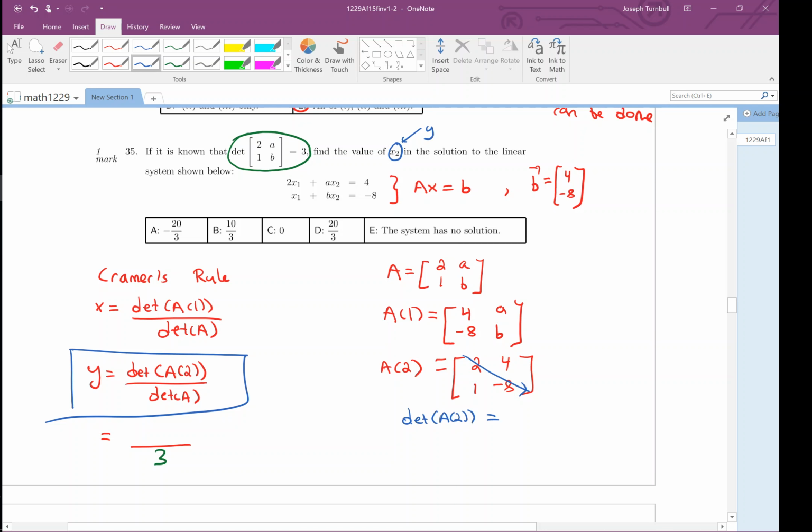And that's down products minus up products. So 2 times negative 8, negative 16, minus 4, we get negative 20. So we get negative 20 over 3, which is option A. It does not have to be a pretty number.